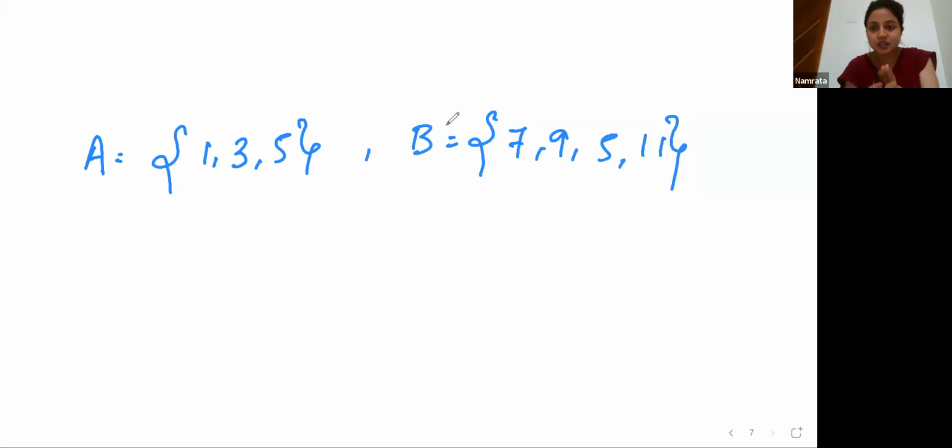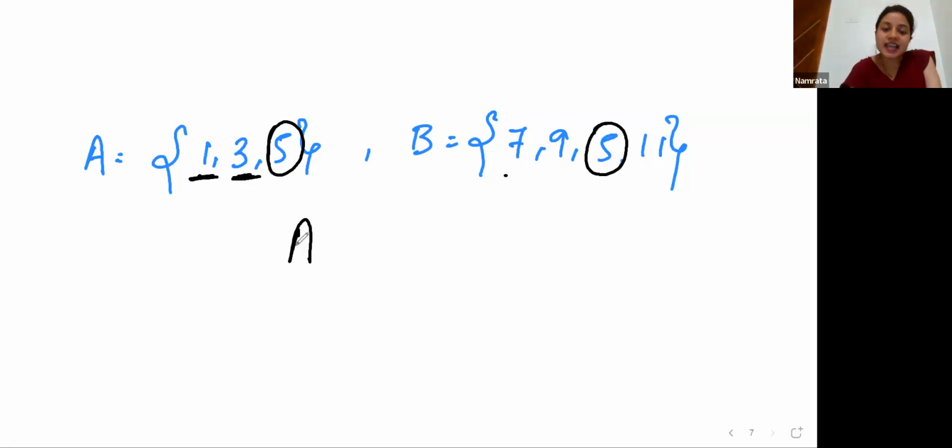If we look at both the sets carefully, we can see 1 belongs to A, but 1 doesn't belong to B, right? Similarly, 3 is there in set A, but the element 3 is not there in set B. 5 belongs to set A and 5 belongs to set B. Only one element is the same in both the sets, but the other elements are not the same.